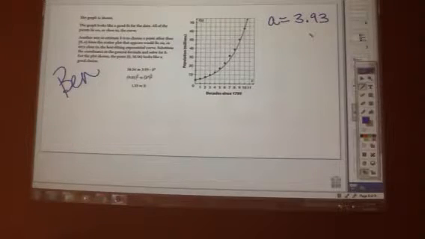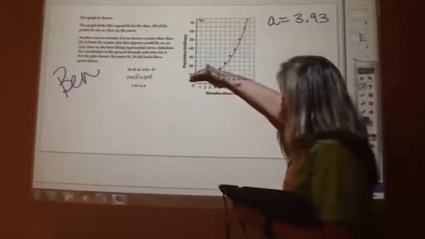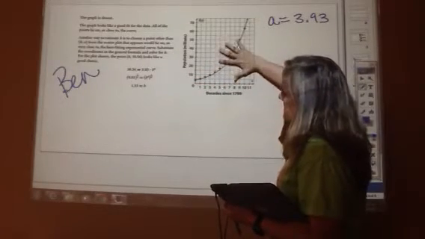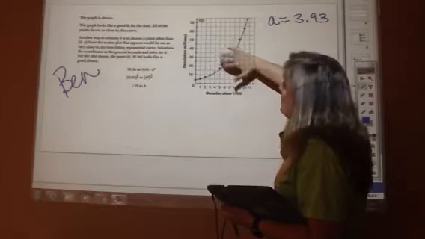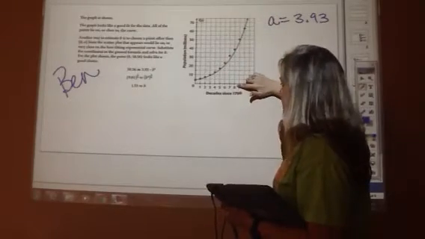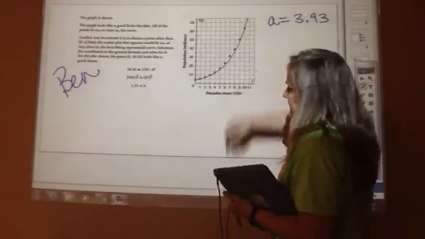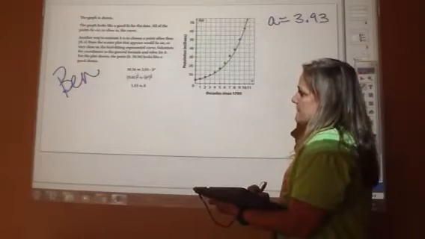Now what Ben did is he picked a point either from the graph or on the table that kind of fits on this curved part. Now I don't know whether he took it from this graph or from the table, but the point that he picked, and you can pick any point except the first one.